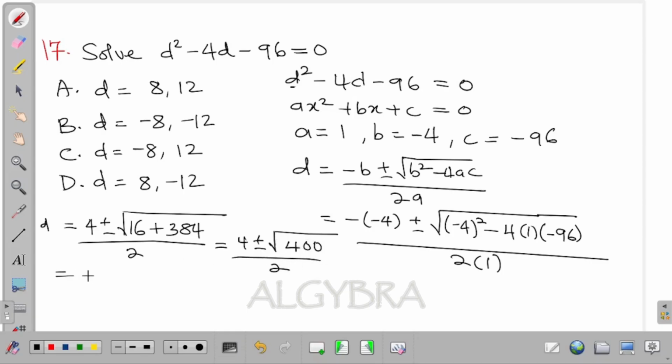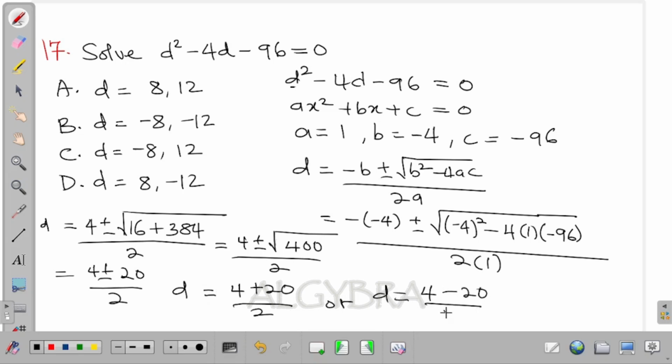And then d is equal to 4 plus or minus the square root of 400. The square root of 400 is 20, right? All divided by 2. So d is equal to 4 plus 20 over 2, or d is equal to 4 minus 20 over 2.